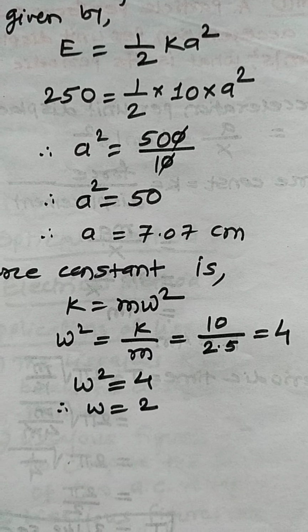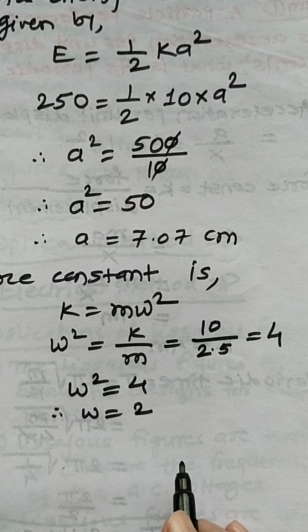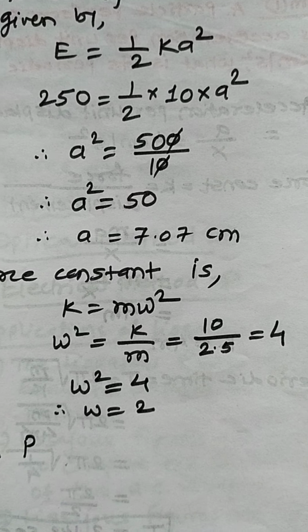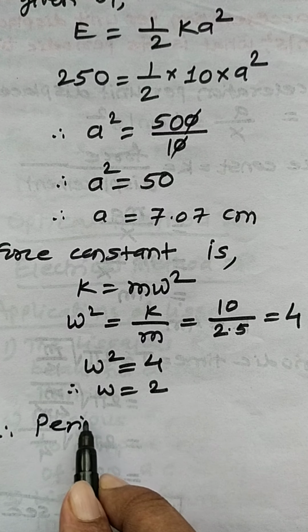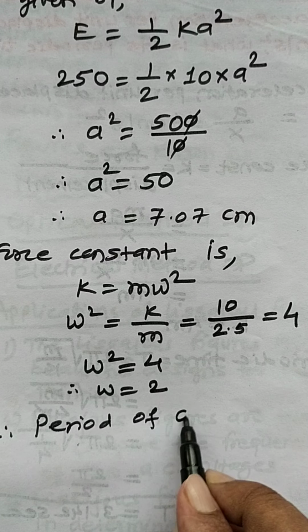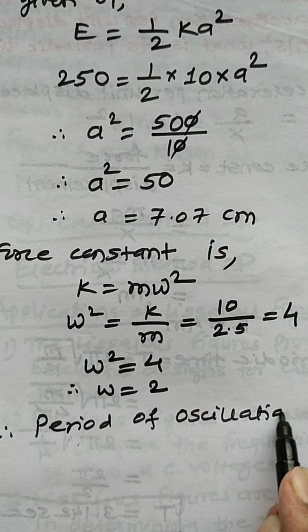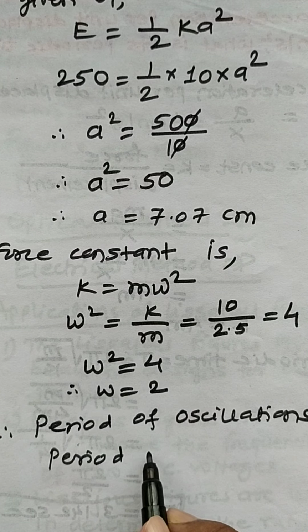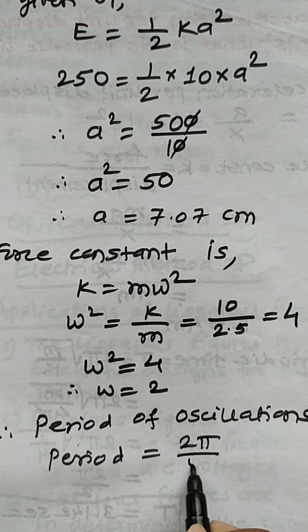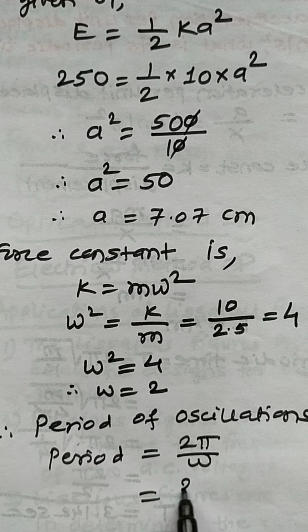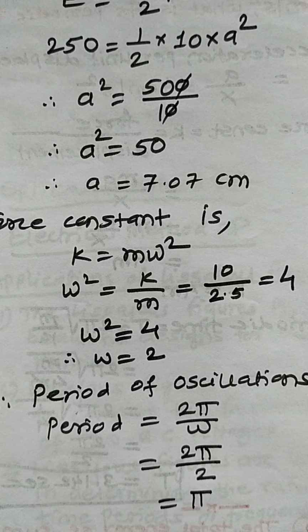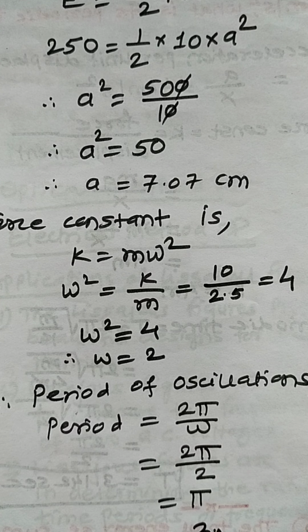Okay, omega is equal to 2, and here period of the oscillation, so therefore period of oscillations, that is period equal to 2 pi upon omega, and here 2 pi upon 2, and that is equal to pi, and here we have to know the value of pi, 3.142 second.